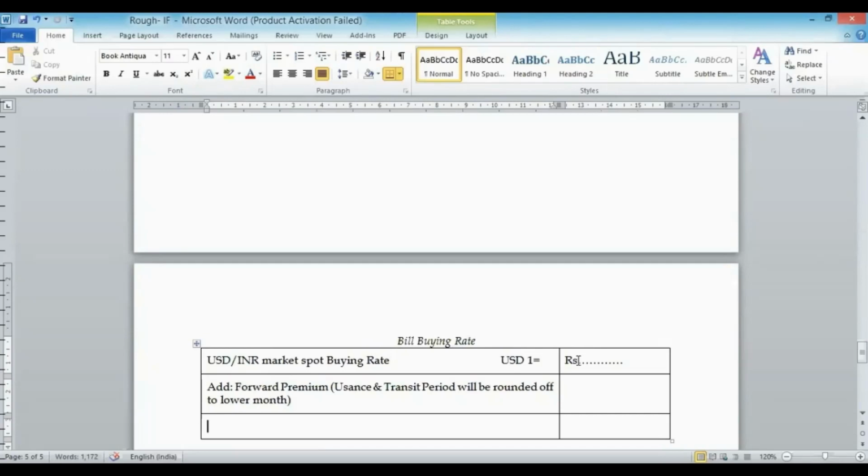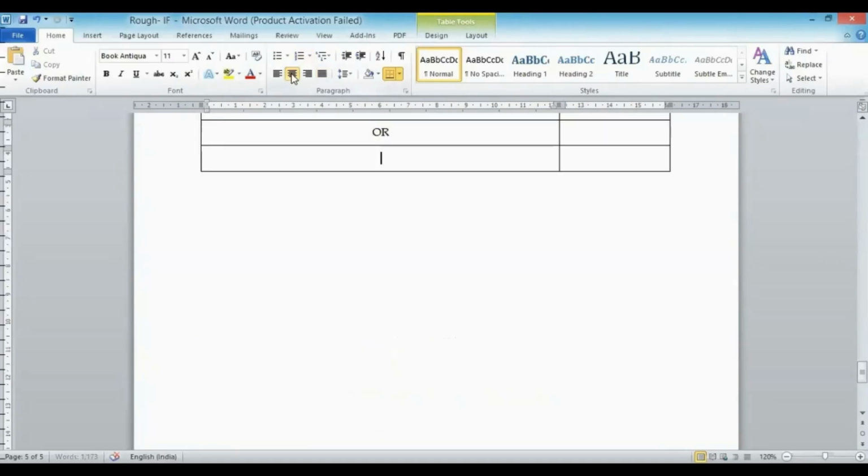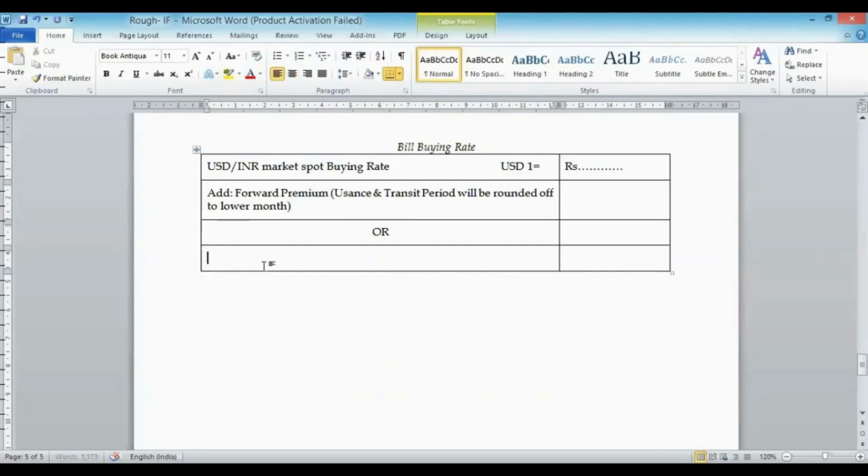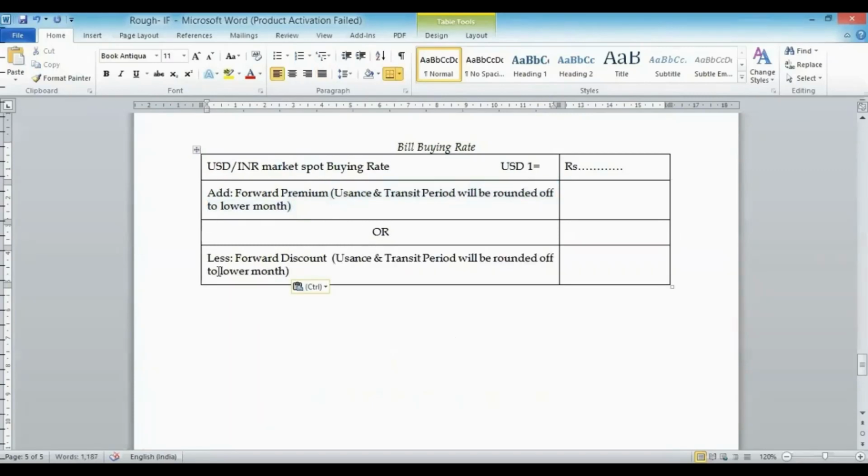Next we can say, or the case can be of discount also, or less forward discount. And again, we can repeat this, but with a change thing. That means usance and transit period will be rounded off to higher month.